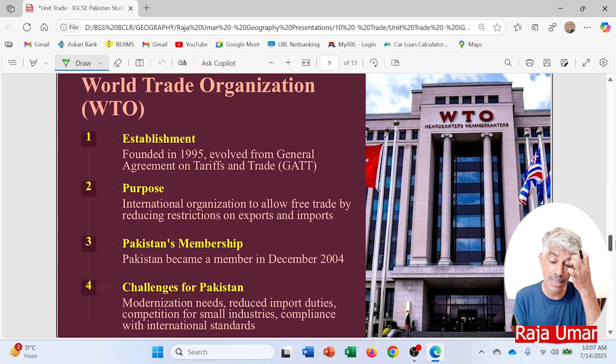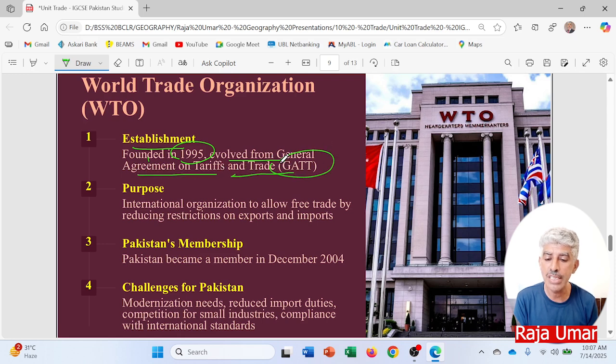So the World Trade Organization, the organization responsible for maintaining global trade standards and quality standards. This organization was established in 1995, evolved from the General Agreement on Tariffs and Trade, GATT. This led to the establishment of the WTO. Now this organization is working under the United Nations.